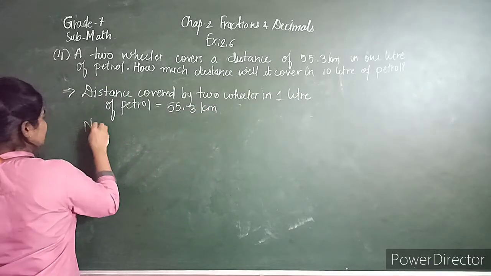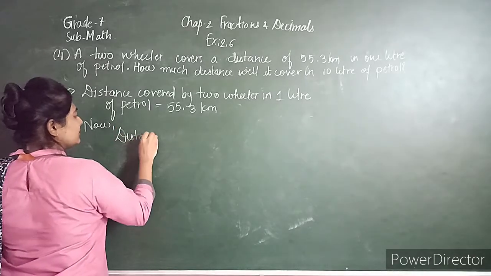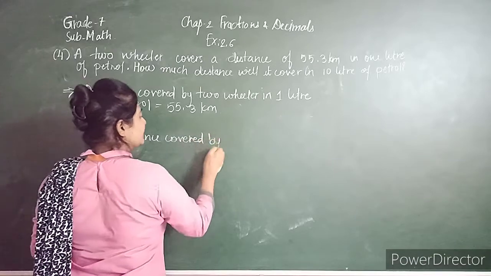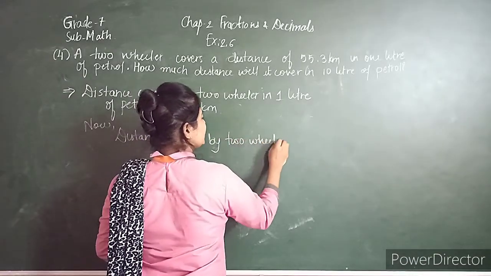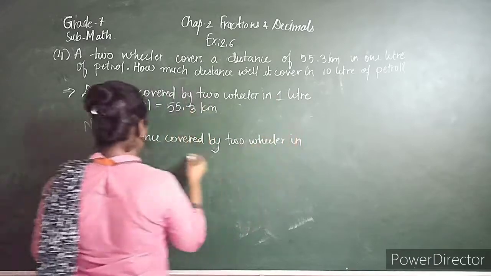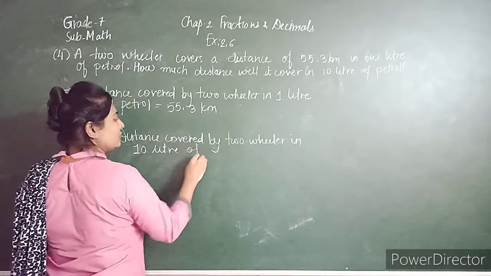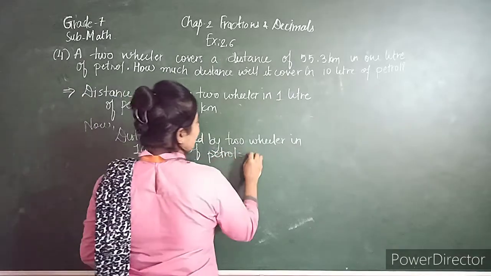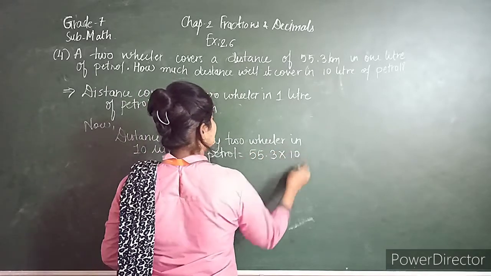Now distance covered by two-wheeler in 10 liter of petrol is equal to, here we have to multiply it with 55.3 into 10.